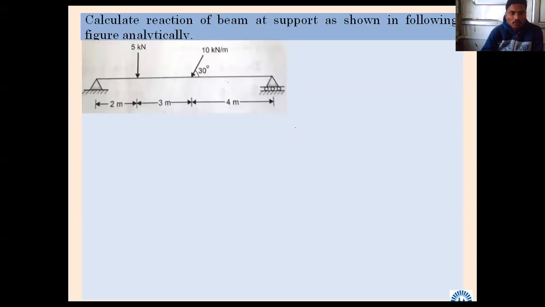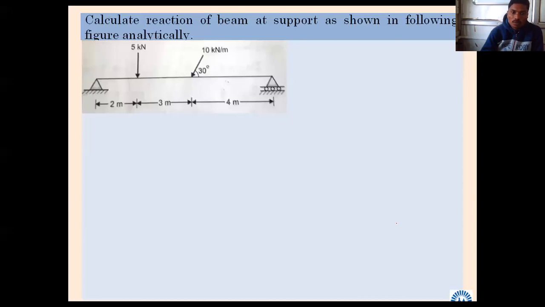So take note down this problem. Calculate the reaction of beam at support in the following figure analytically. Just see the figure and let me know. थोडासा सिंपल करून देतो. कुठले सपोर्ट आहे तो? Which are the supports for the beam? Simply supported. One sentence I have told. If one of the support is roller, दुसरा कुठला सपोर्ट असतो त्याचा ऑपोजिट?